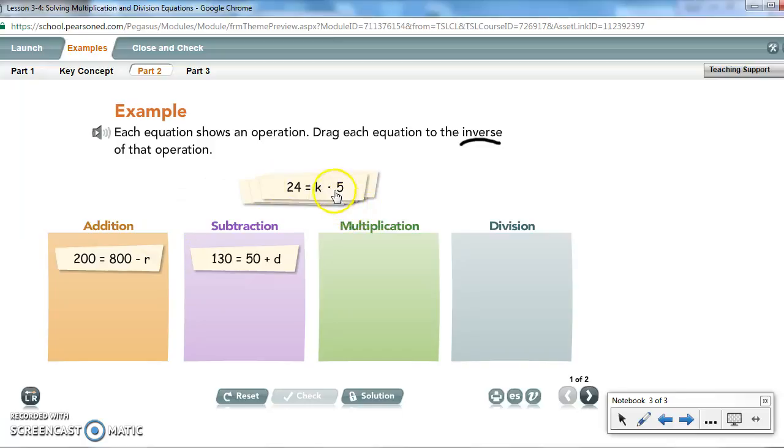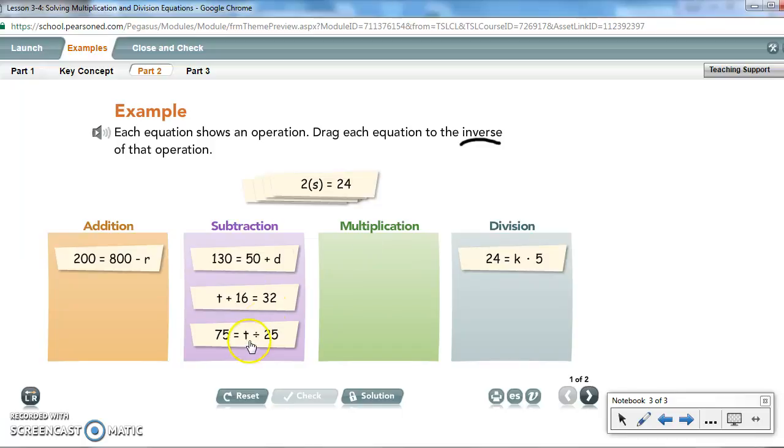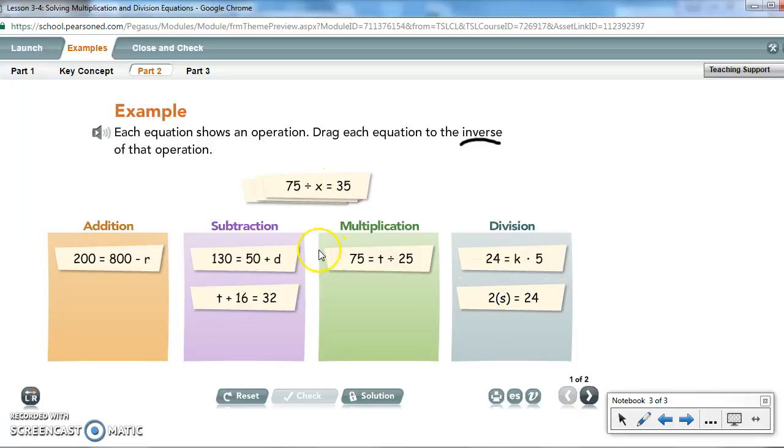This little dot means multiply. What's the opposite of multiply? Divide. The opposite of add? Subtract. The opposite of division? Multiplication. The opposite of multiply, because a number next to a letter means multiply, even if it's in parentheses. What's the opposite of multiply? Divide. What's the opposite of divide?